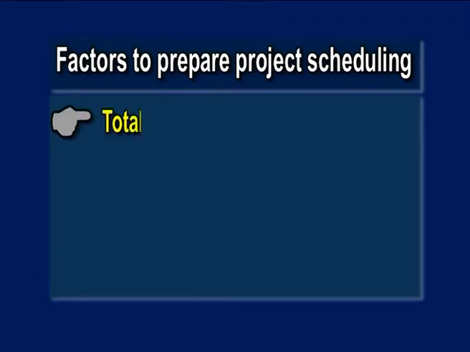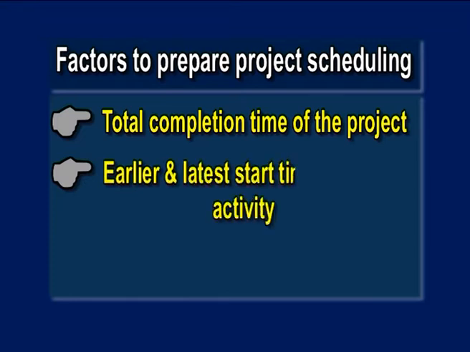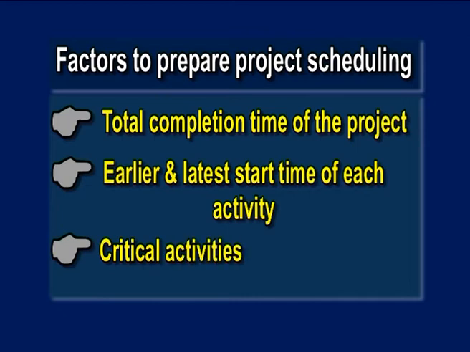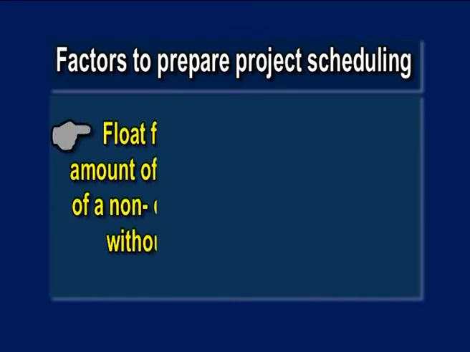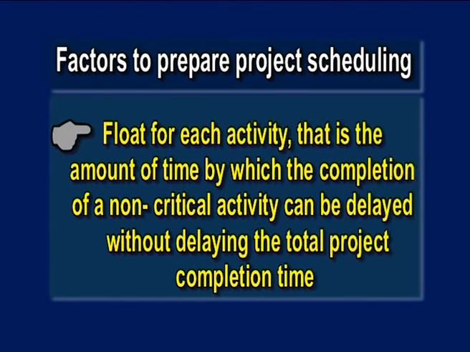First is the total completion time of the project. Second, earliest and latest start time of each activity. Third, the critical activities and critical path. And lastly, the float for each activity, that is, the amount of time by which the completion of a non-critical activity can be delayed without delaying the total project completion time.